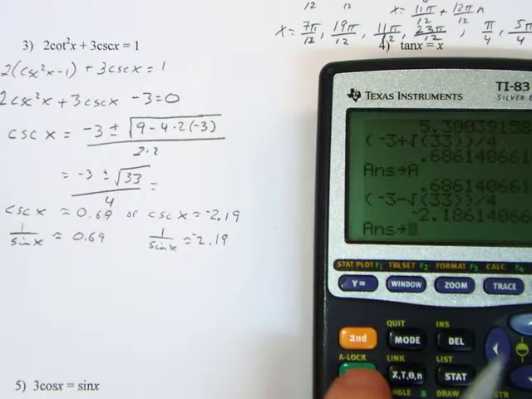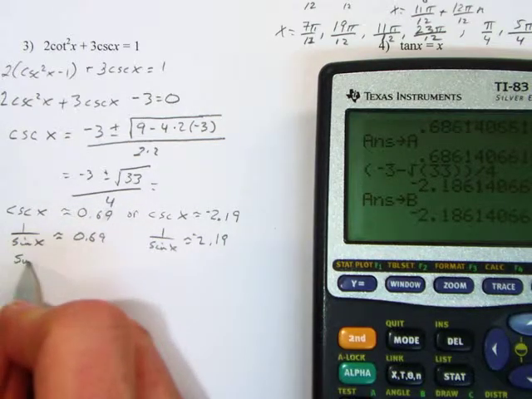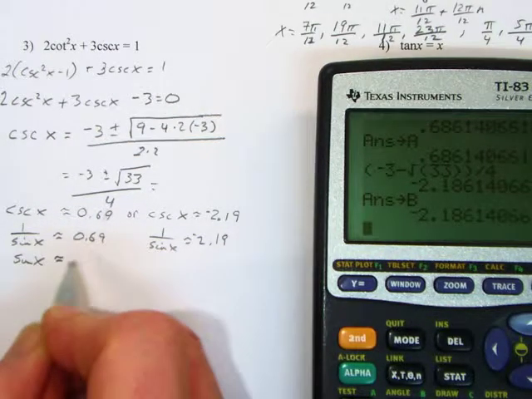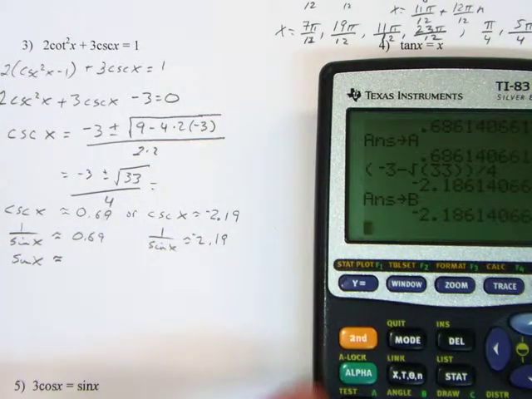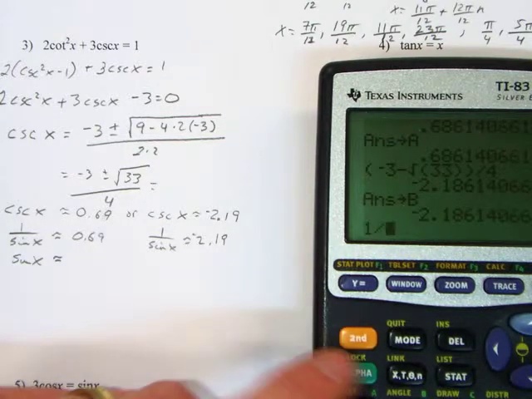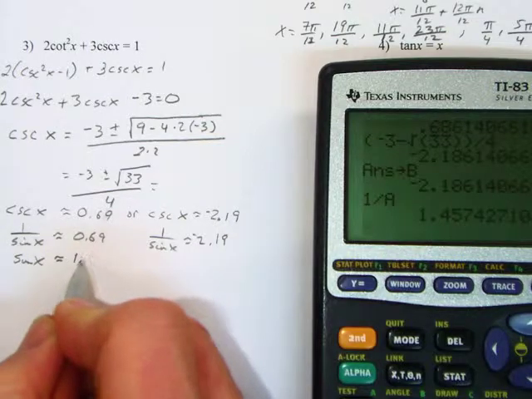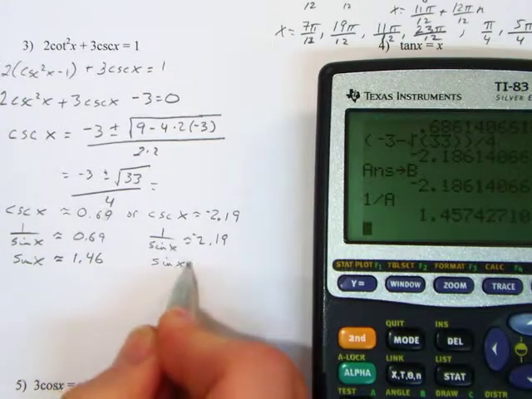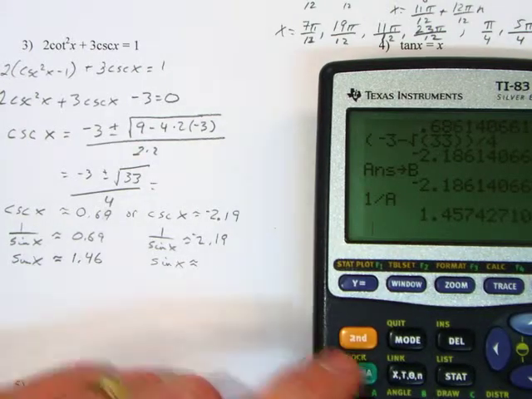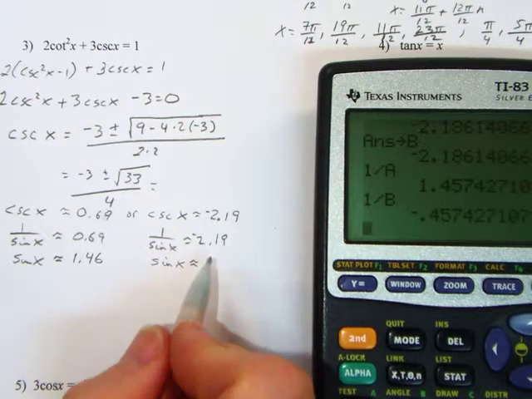Let's hit STO alpha B so we have that number. We do the reciprocal of this. Now, what's the reciprocal of 0.69? Let's see, that would be 1 divided by, I put that in A. So that's about 1.46. And then on the other one, it would be 1 divided by B. So negative 0.46.